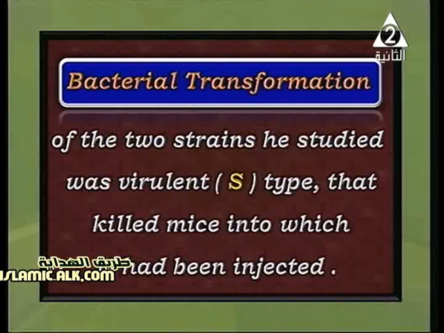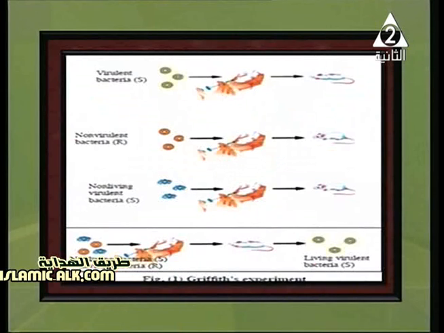The other type is non-virulent, the R type. We're going to know the effect of the S type, the virulent bacteria, and the non-virulent bacteria. One of them contains the virus and the other one doesn't.